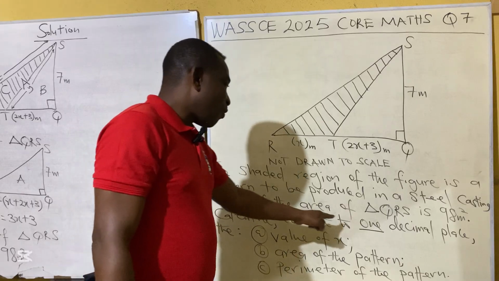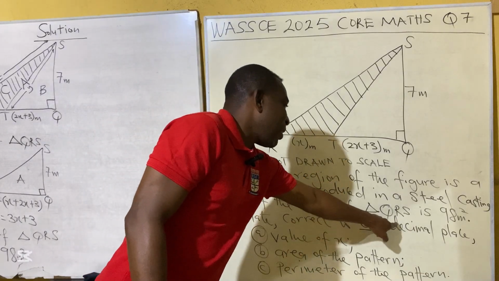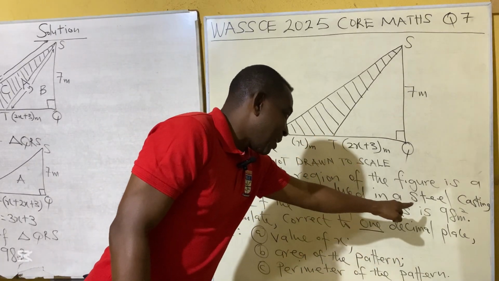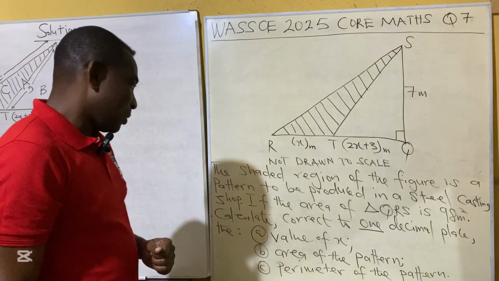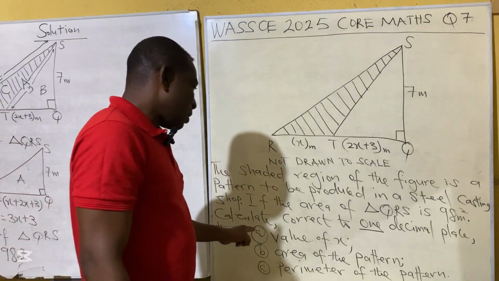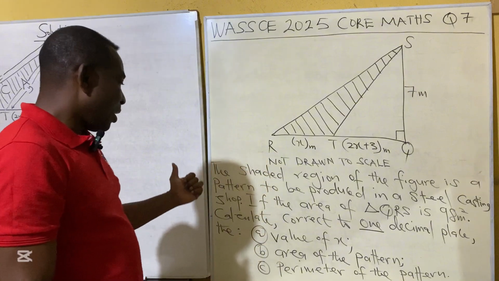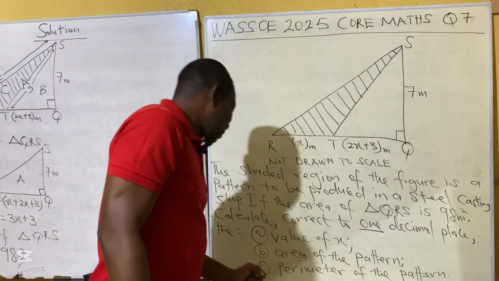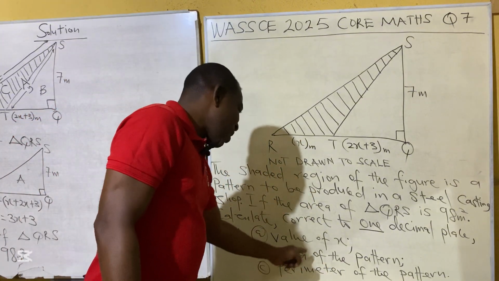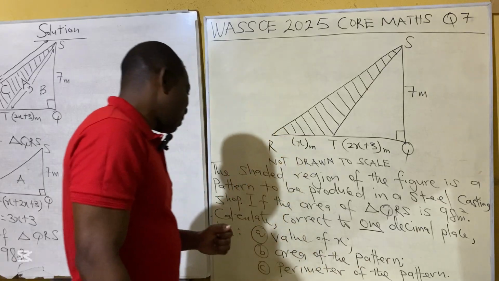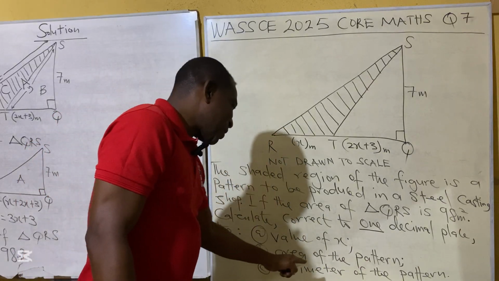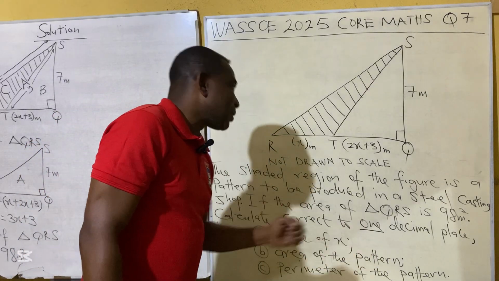If the area of triangle QRS is 98 meters squared, calculate, correct to 1 decimal place, A, the value of x, B, the area of the pattern, C, the perimeter of the pattern.